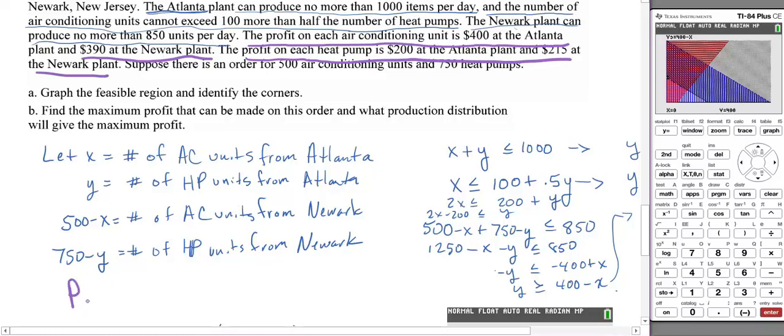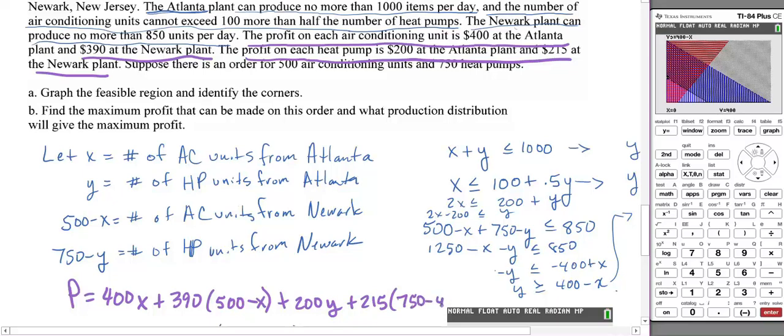So our profit is $400 times however many AC units are produced in Atlanta, and 390 times however many AC units are produced in Newark, 500 minus x, and $200 times the number of heat pump units produced in Atlanta, and $215 times the number of units produced in Newark, which is 750 minus y.